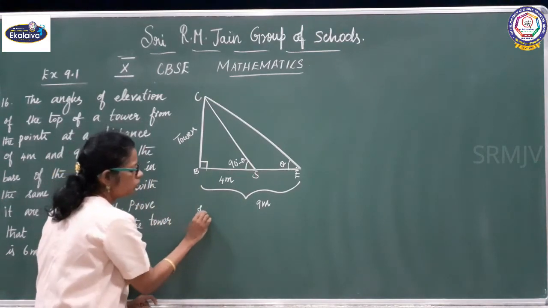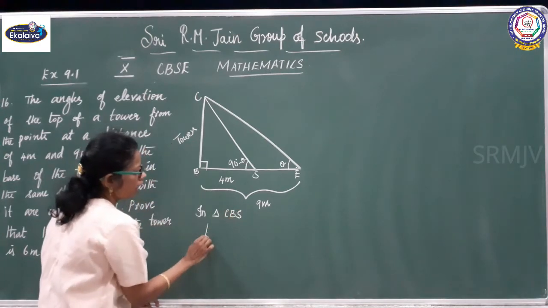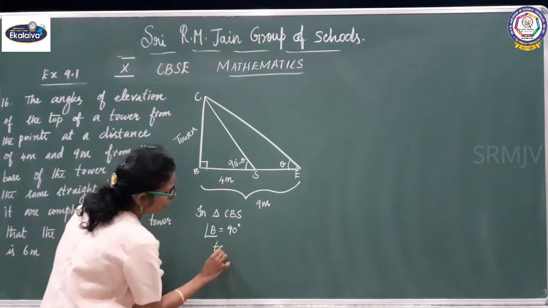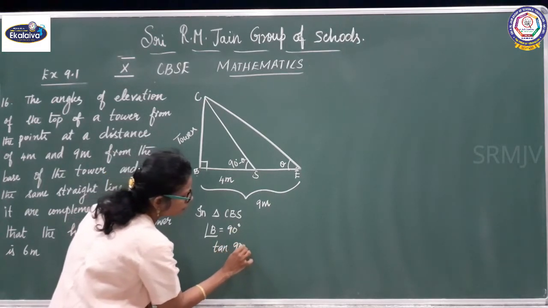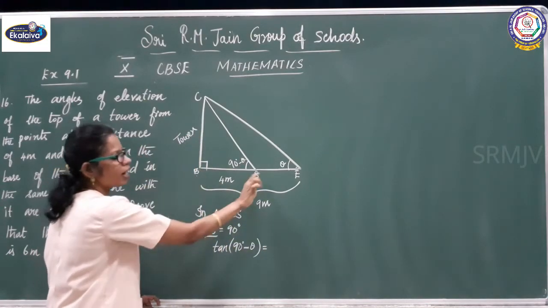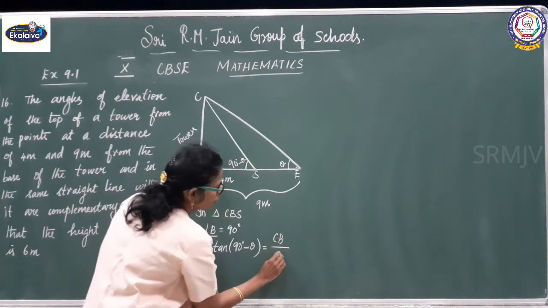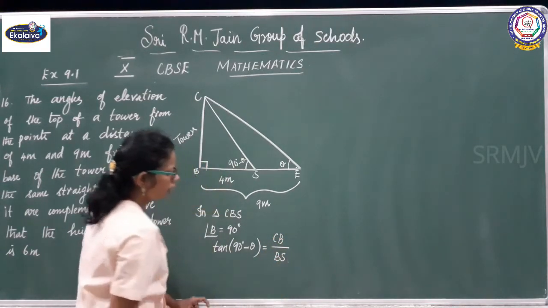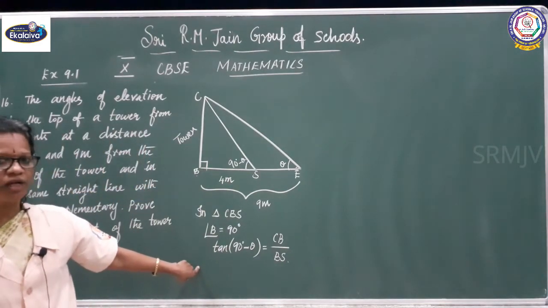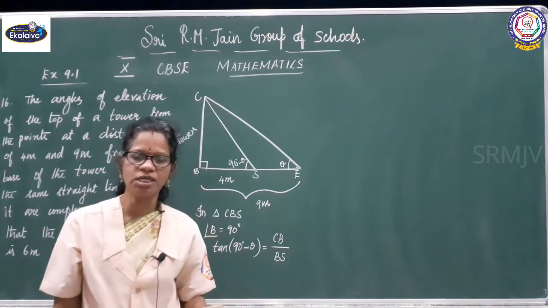Now, in triangle CBS, angle B equal to 90 degree, tan 90 minus theta, that is opposite by adjacent, CB divided by BS, right? What is tan 90 minus theta? We learnt it already. Complementary function: sin 90 minus theta, cos theta.